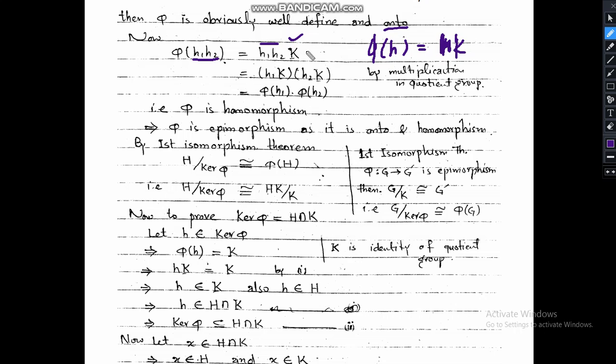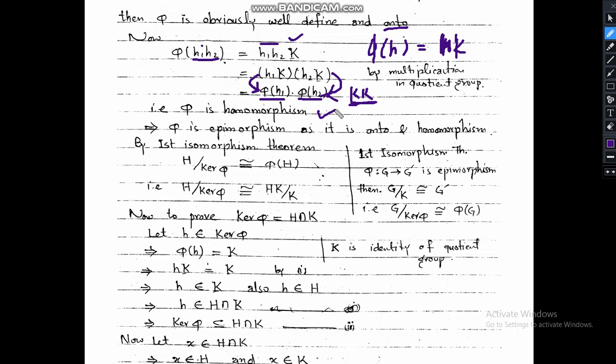Now we are applying the associative property, or you can write this K as KK and you can apply the associative property, or this is the definition of normal subgroup here. So it can individually be written as phi of h1 and phi of h2. This is again by equation first. We are again applying the equation first here in 2 points. So here we are seeing that the mapping of the product of two elements is equivalent to the product of their mappings. So here we can say that this phi is a homomorphism.